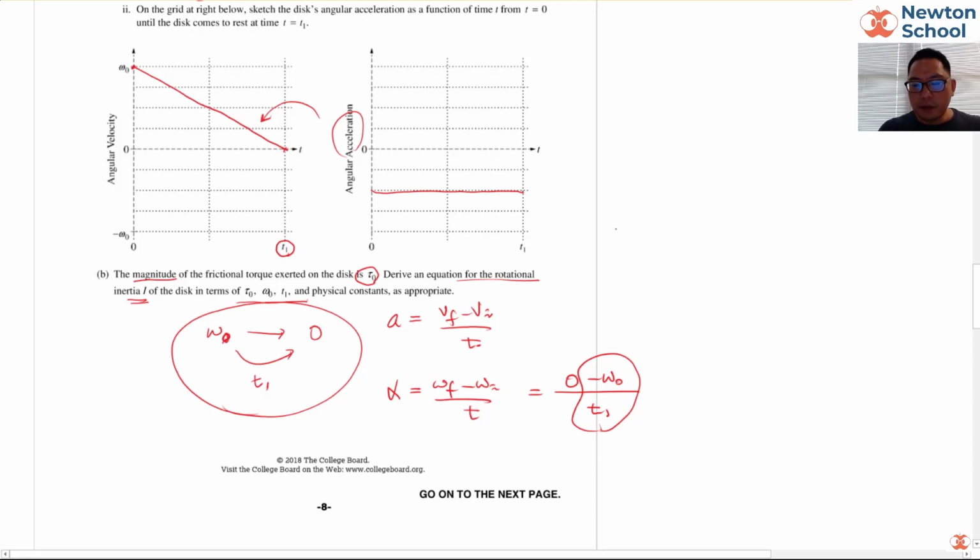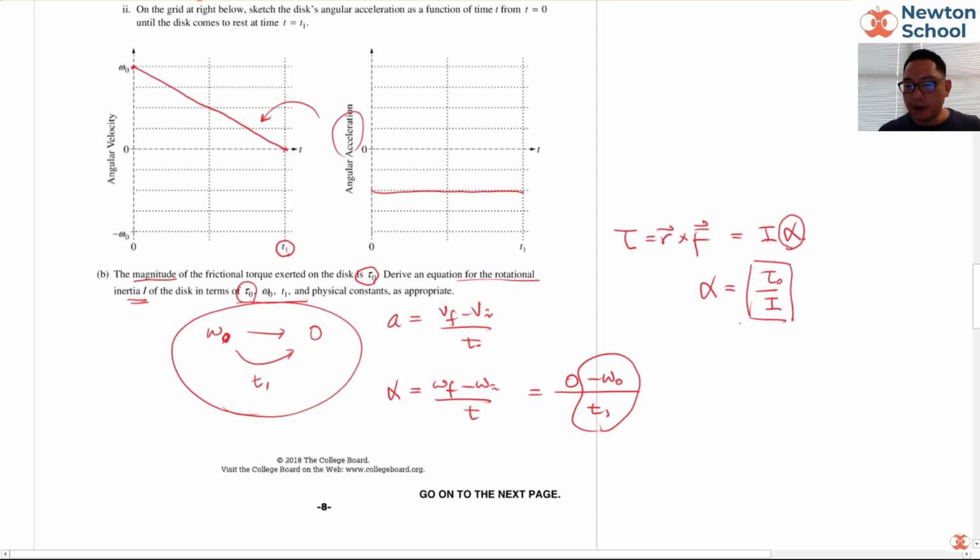So basically alpha is that quantity, because this is just 0. But remember also torque, which is r cross F. In this problem you don't have to worry about that, but this eventually becomes I alpha, okay? And you have alpha right there. So alpha is also torque over I. You can set this up using T naught here, because this is torque naught.